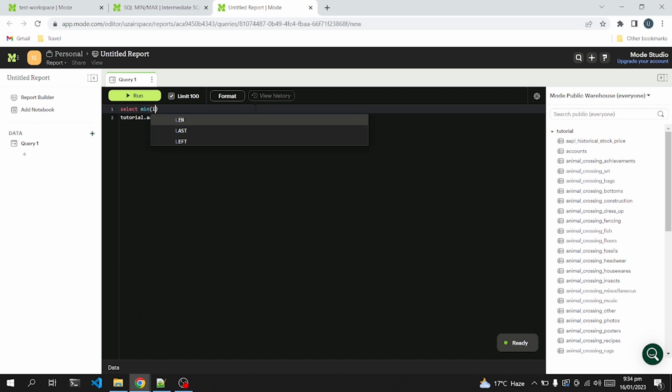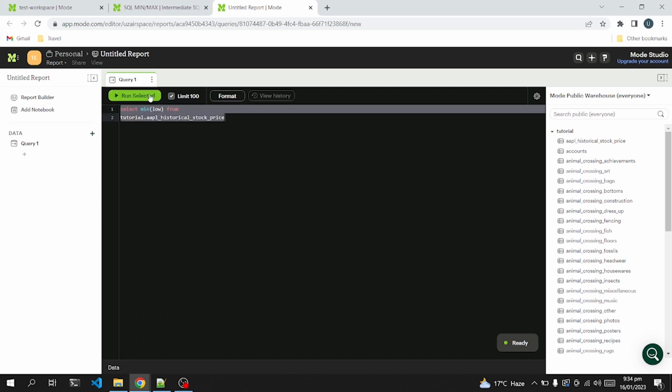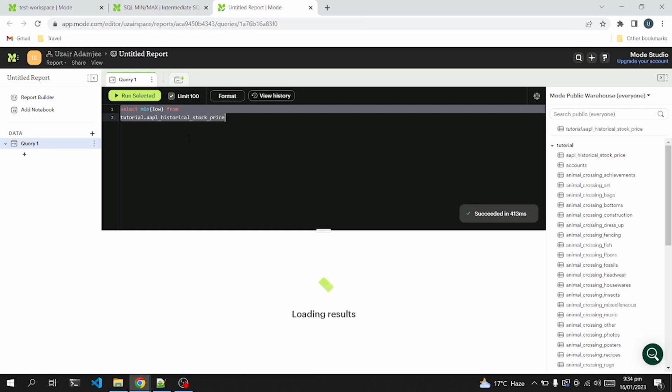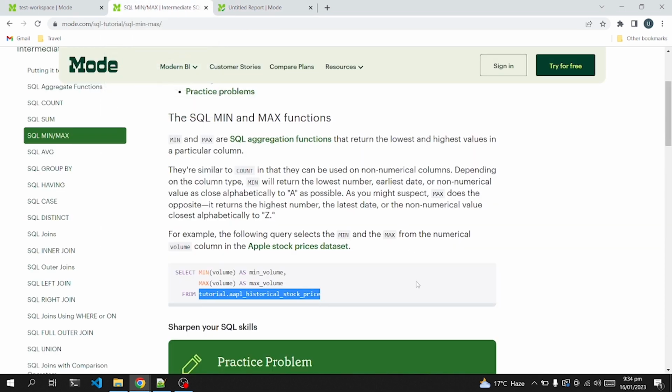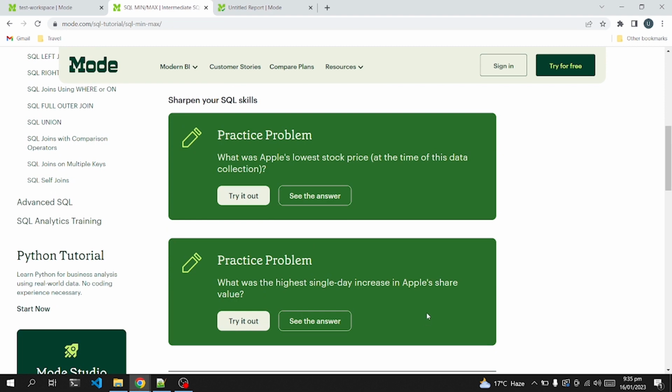Minimum low from. So the answer is 6.36, which is the lowest price of Apple stock.